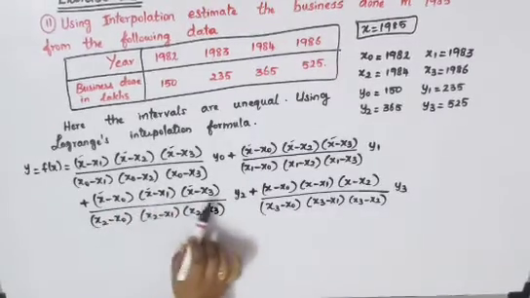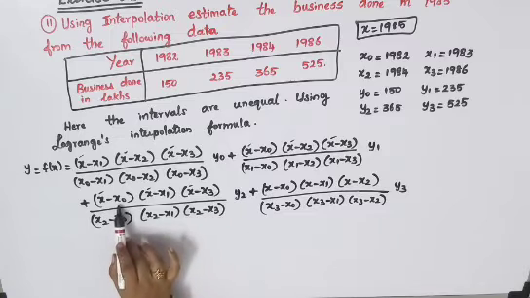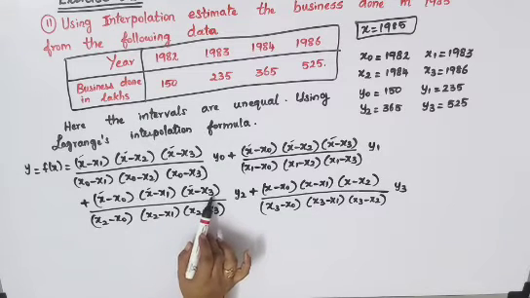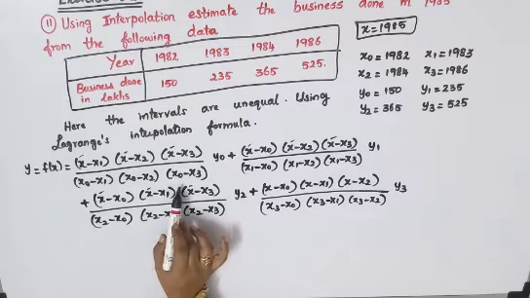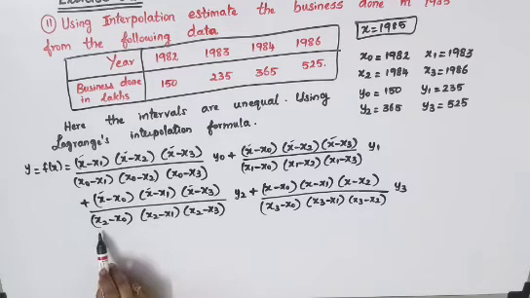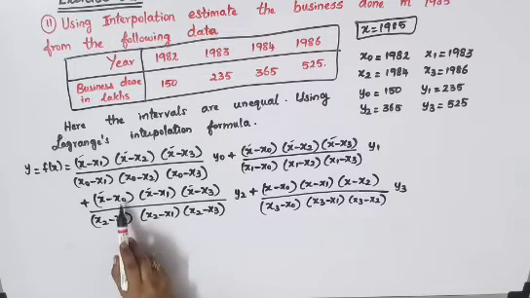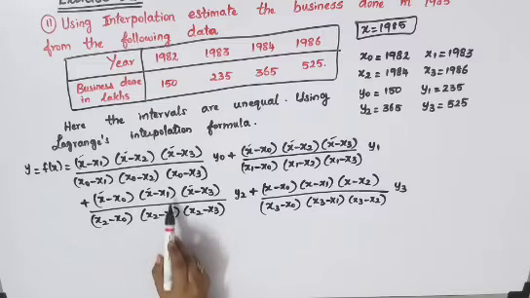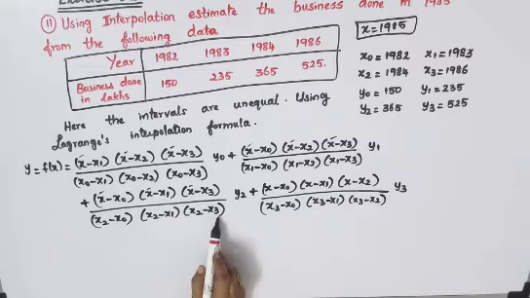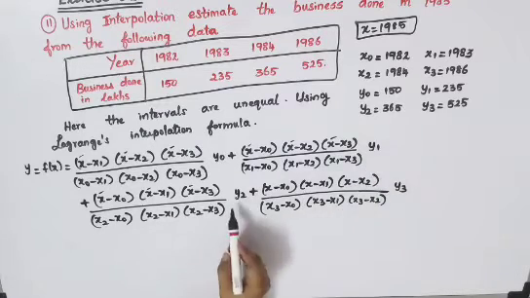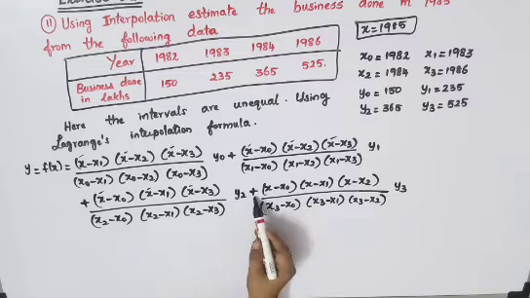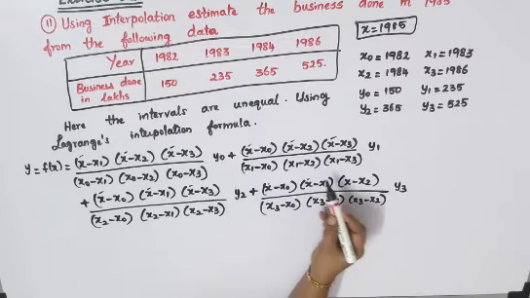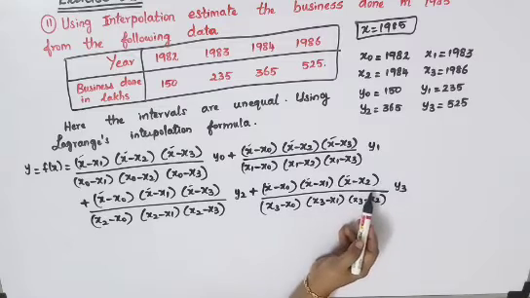In the same way, starting with x, here x2 you will leave out of the numerator. So x0, x1, x3 will be there. Whatever you left out in the numerator, start with it in the denominator. So x2 minus x0, x2 minus x1, x2 minus x3 into y2. Plus, again starting with x, here x3 you leave out.